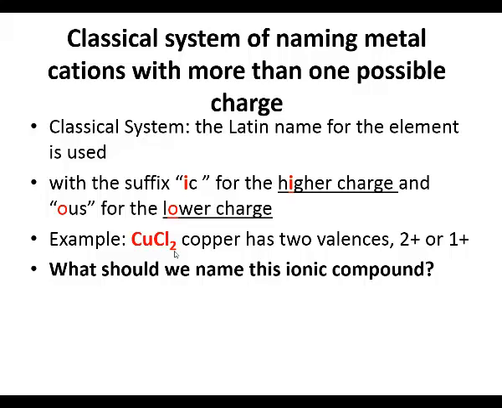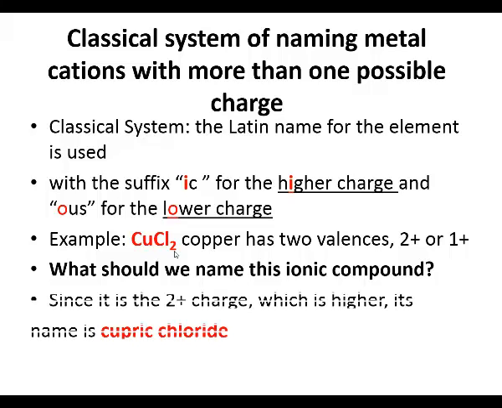Now the charge state of +2 here is the common higher charge state for copper, rather than the +1, and so we would use the ic ending. So I would call this cupric chloride. Now, if it was a copper 1 chloride, I'd only have one chloride in the formula, so that's how I would tell it from looking at the formula. It'd just be CuCl, and it would be named cuprous chloride.